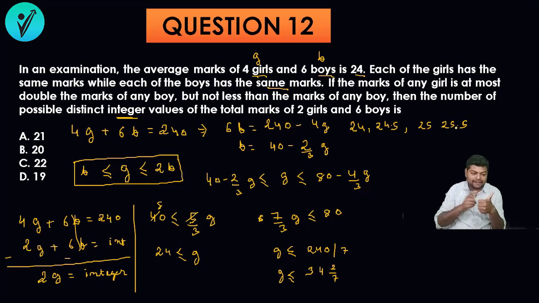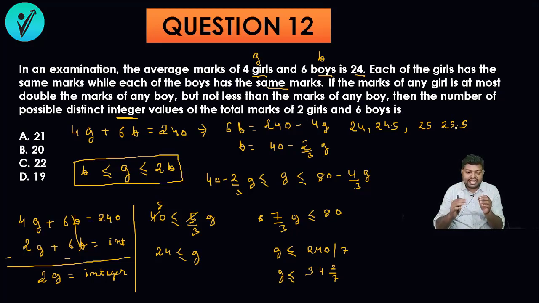So 24 has two values, 25 two values, 26, 27, 28, 29, 30, 31, 32 and 33. So till 33 I'll be having 20 different values of g that are acceptable.